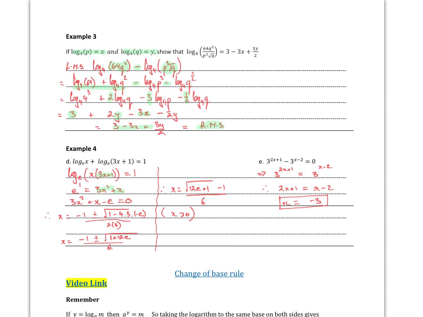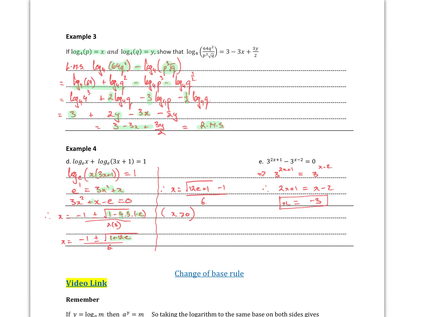We could muck around with completing the square, but I think in this case the quadratic formula works well. So we have minus 1 plus or minus the square root of b squared, which is 1, minus 4 times a, which is 3, times c, which is negative e. So we can hopefully soon see that we get 1 plus 12e in this square root.